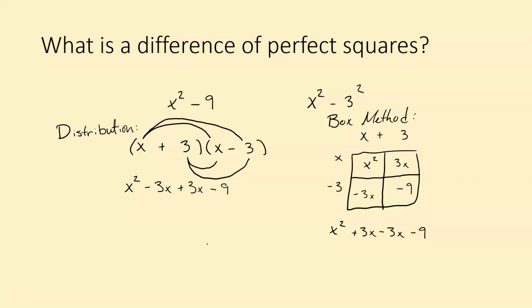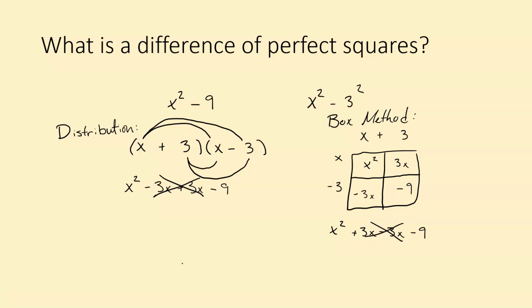But notice what happens here. Usually when we combine the middle term, we end up with something in the middle, right? But since this is a difference of perfect squares, and this is what always happens, the middle term cancels out. So we have negative 3x, positive 3x, cancels out. Same thing if you did the box method, positive 3x minus 3x cancels out.